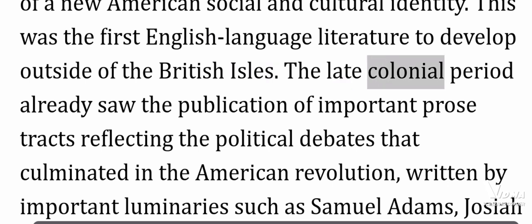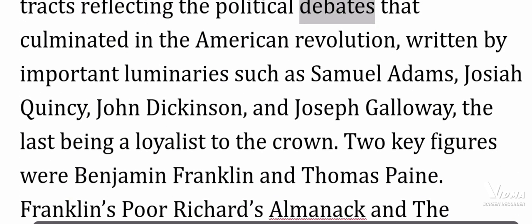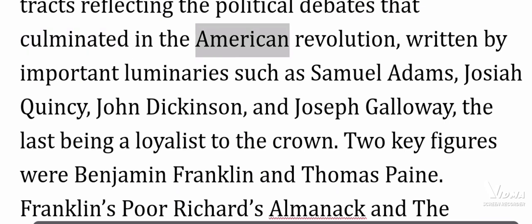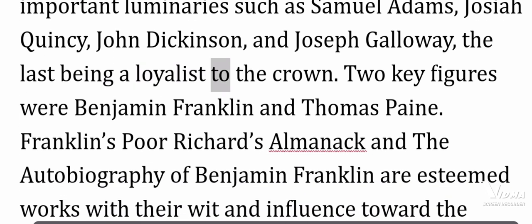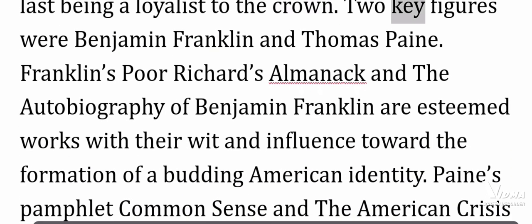The late colonial period already saw the publication of important prose tracts reflecting the political debates that culminated in the American Revolution, written by important luminaries such as Samuel Adams, Josiah Quincy, John Dickinson, and Joseph Galloway, the last being a loyalist to the Crown. Two key figures were Benjamin Franklin and Thomas Paine.